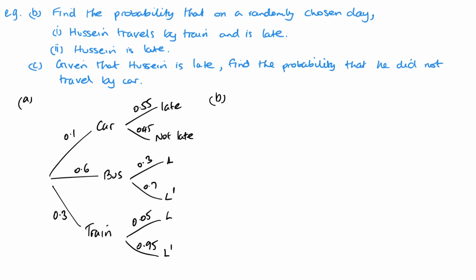Now, part B1 says the probability that he travels by train and is late. So that means he's traveling by train and is late. So 0.3 times 0.05, and that is 0.015. Part 2 says that he's late, so the probability that he's late.